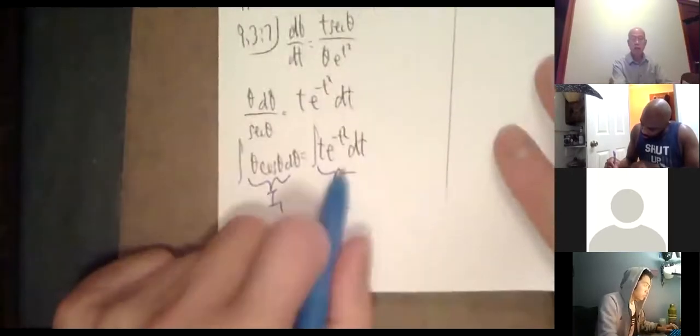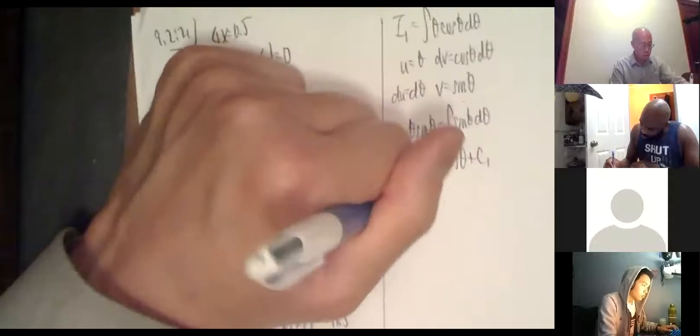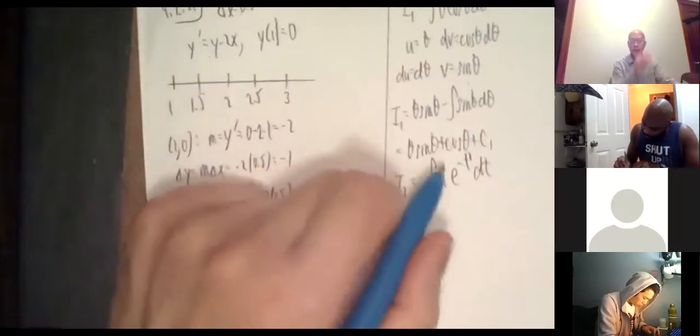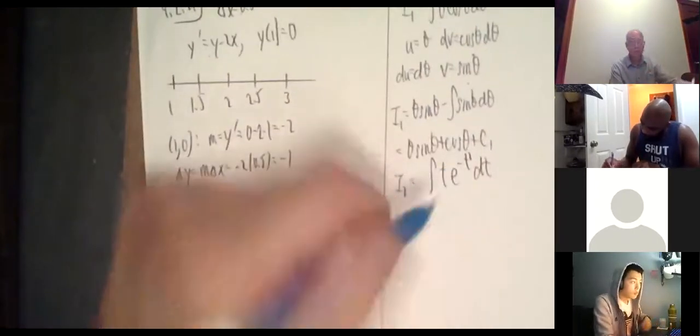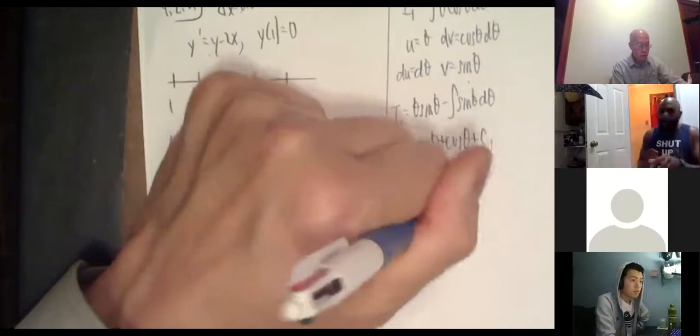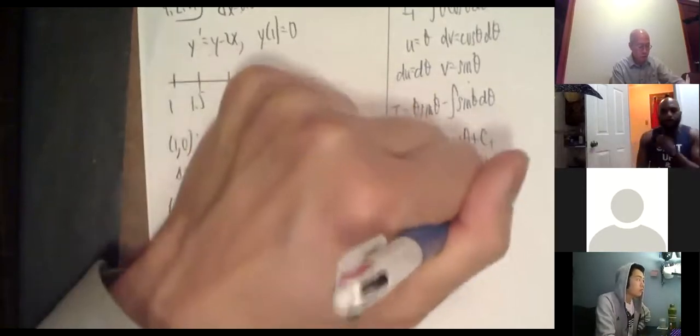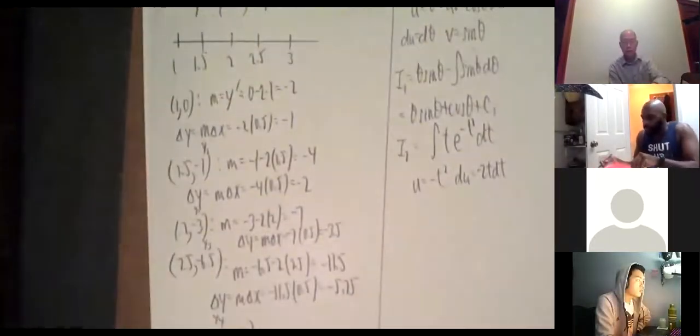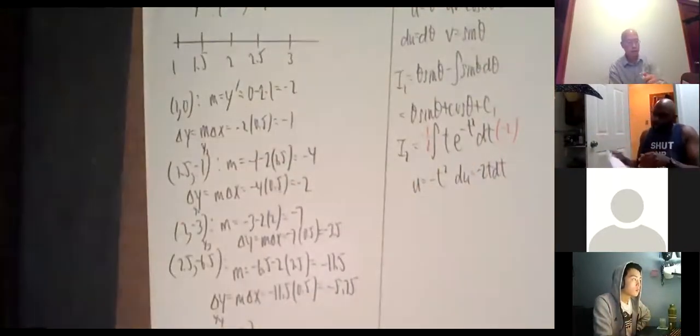And then I2, I have to do that thing. So I2 is the integral of t e to the negative t squared dt. The derivative of negative t squared is almost t. U equals negative t squared, du equals negative 2t dt. So that means I need a negative 2 inside and a negative 1/2 outside.